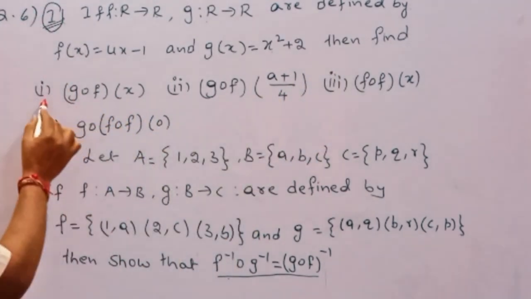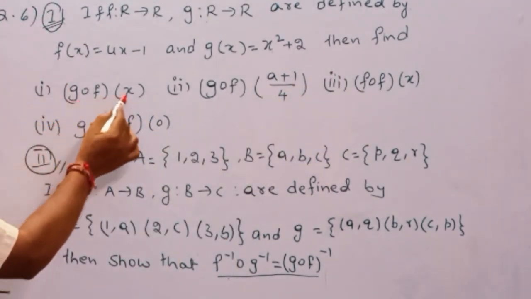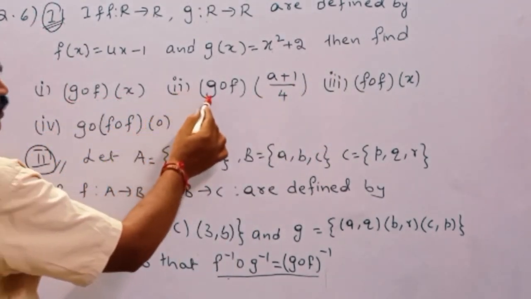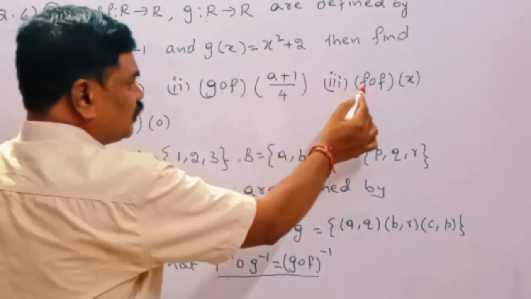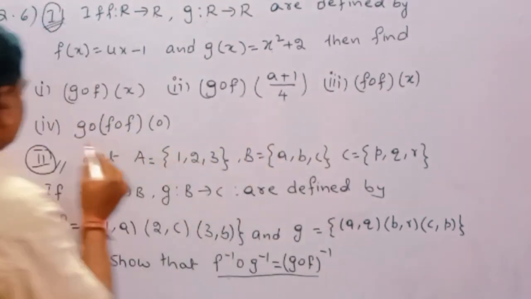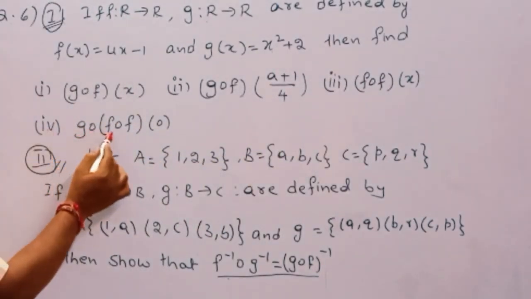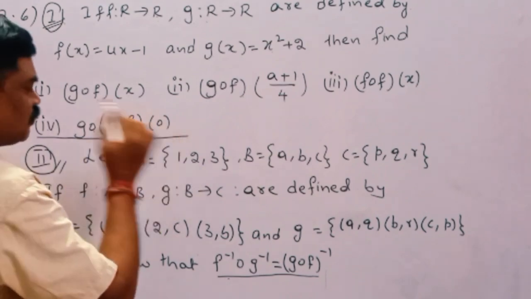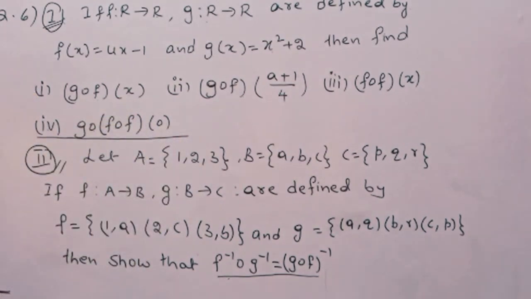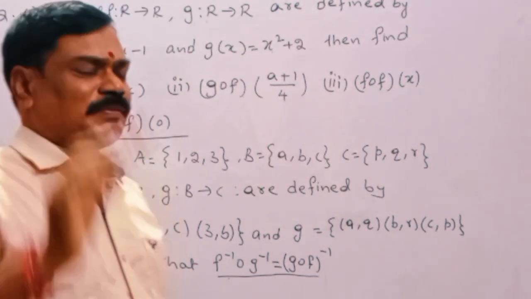Then find first one g circle f of x, second one g circle f of a plus 1 by 4, third one f circle f of x, fourth one g circle of f circle f of 0. This is the first part of the sixth problem.